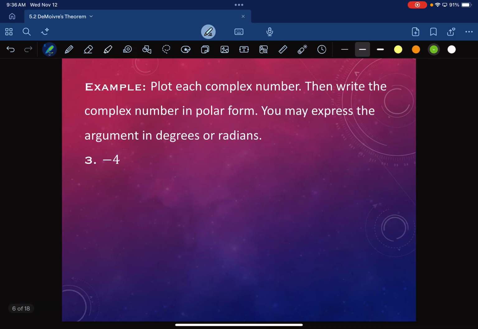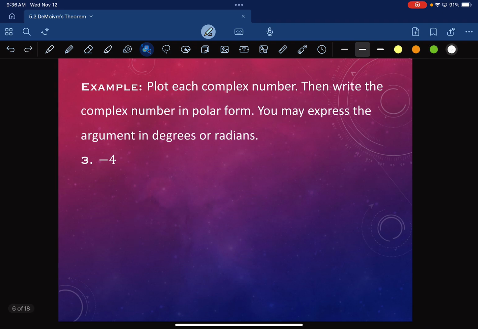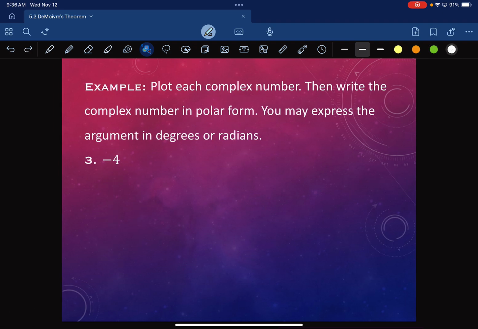We're going to take the same kind of thing we had before where we're plotting the coordinate and we're finding its polar form. So we have our complex plane. Where is -4 located? Real number on which side, Isaac?